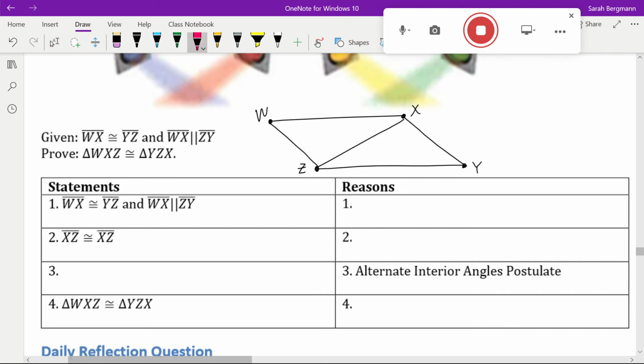Now I want to label what I'm given. I know segment WX is congruent to segment YZ. I also know that these two lines, WX and ZY, are parallel lines. I'm trying to prove that triangle WXZ is congruent to triangle YZX.